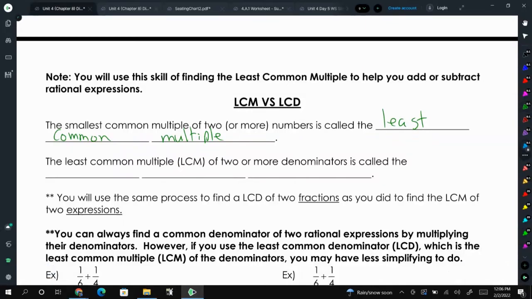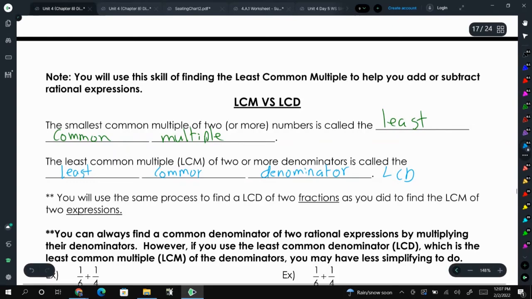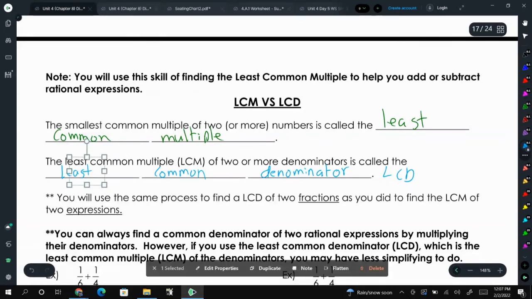And the least common multiple of two denominators is the least common denominator, abbreviated LCD. So when I ask you to find the least common denominator, what that really is asking you to do is to find the least common multiple of the two denominators in our rational expressions.